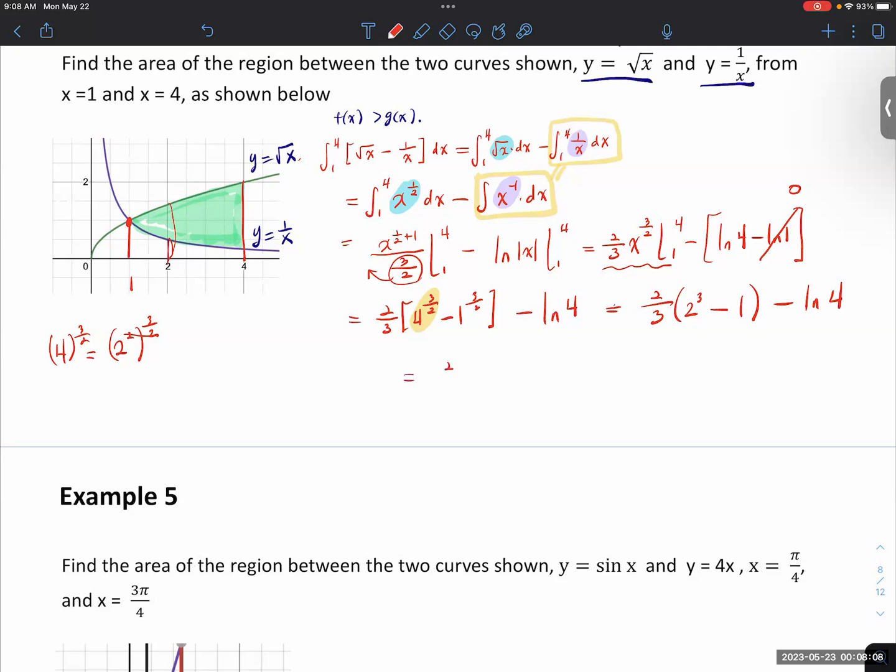So that means 2 over 3, we have 8 minus 1 minus ln 4. So the most simplified answer, 3 over 7 times 7 minus ln 4. Now you're going to use a decimal or your calculator, convert it to the decimal, 3.28. This is the area.